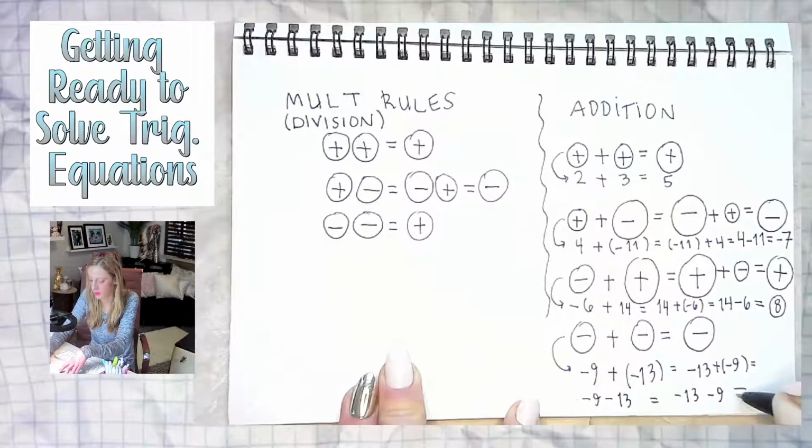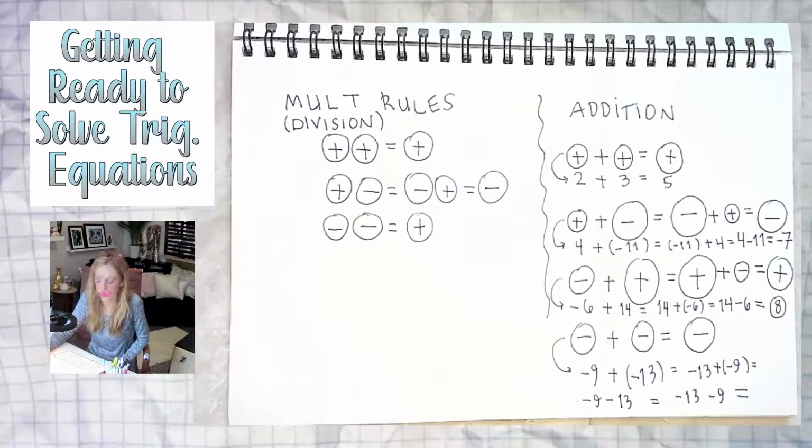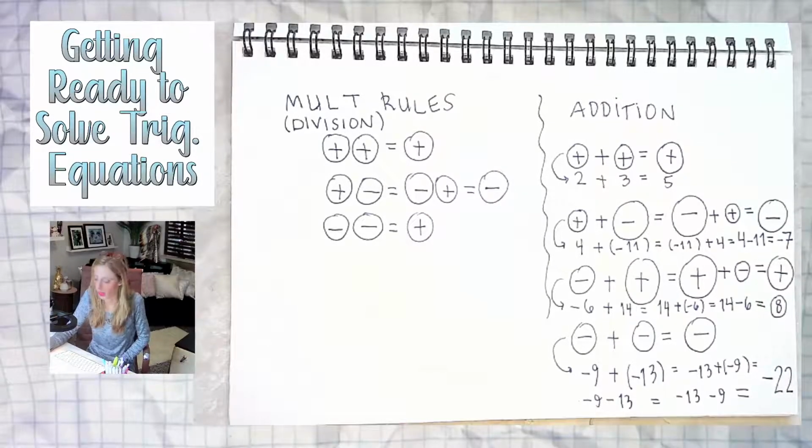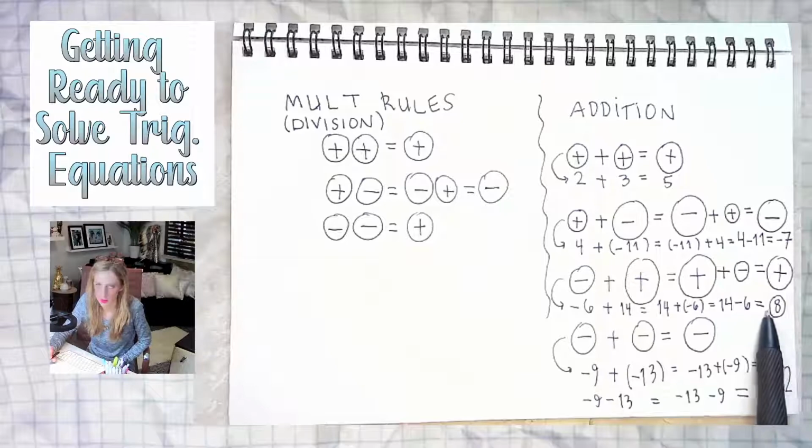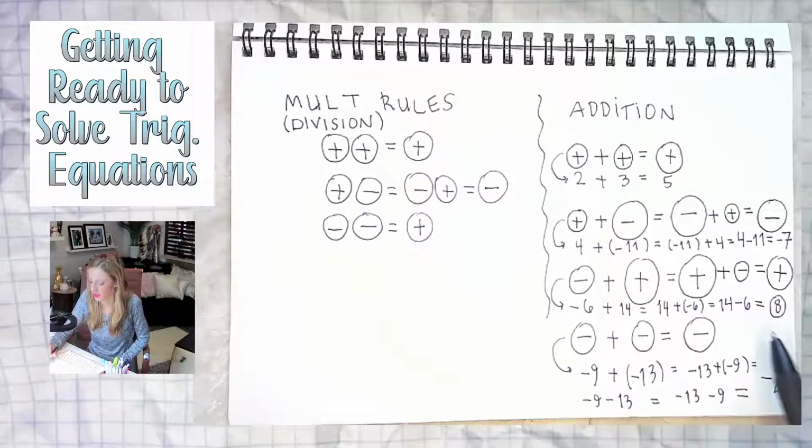All of these are the same. What do I get for any of these? Go ahead and shout out. -22. Yep, looks good to me. Okay. Salt and salt, we're going to get salty. All right. Here, a little bit of salt, a whole lot of sugar. It's going to be more sweet than it is salty.